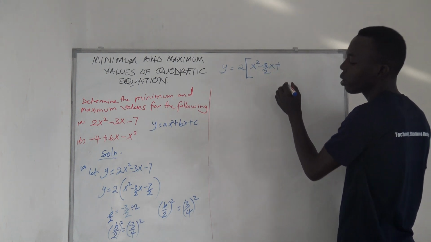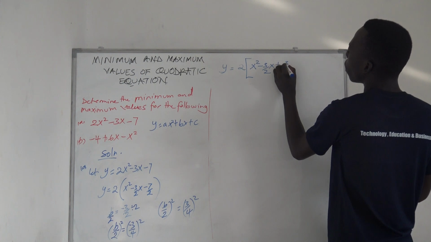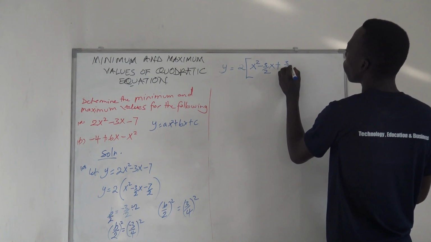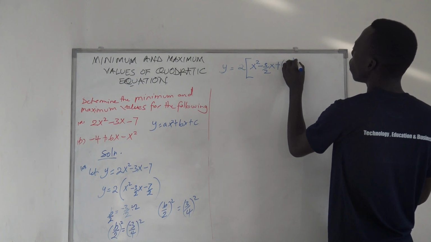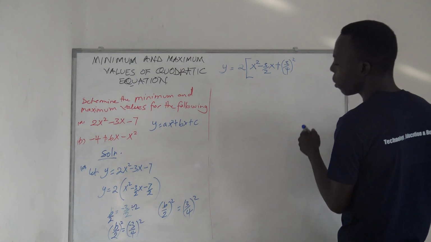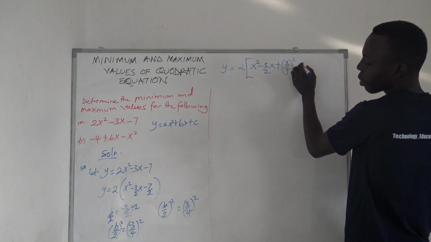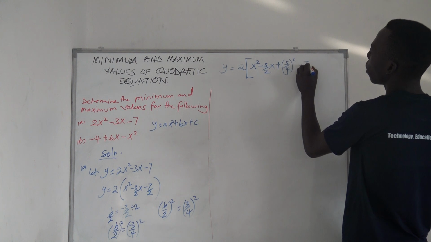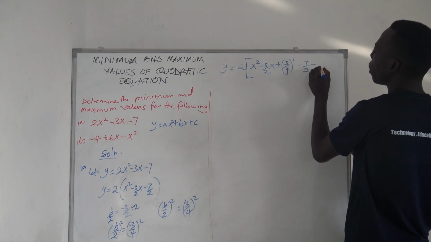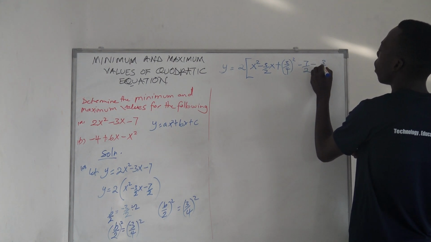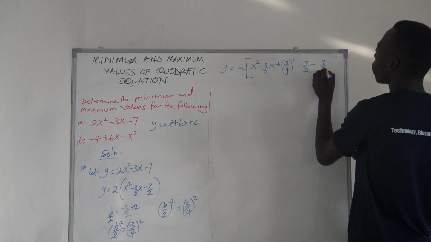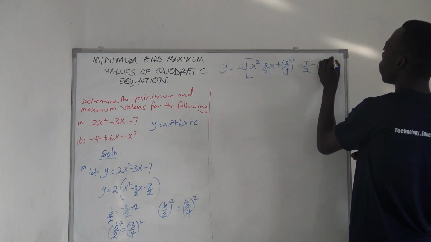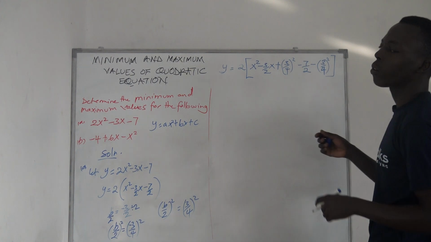Here we add 3 out of 4, squared. Also on this side we subtract, so it will be negative 7 out of 2, then minus 3 out of 4, the whole thing squared. So this is what we shall have.